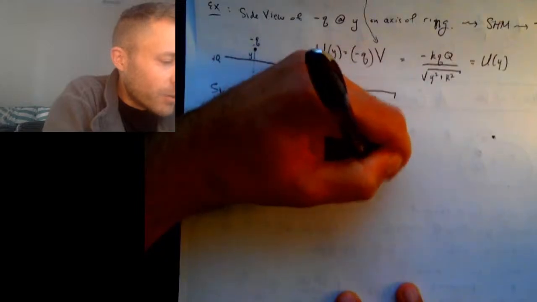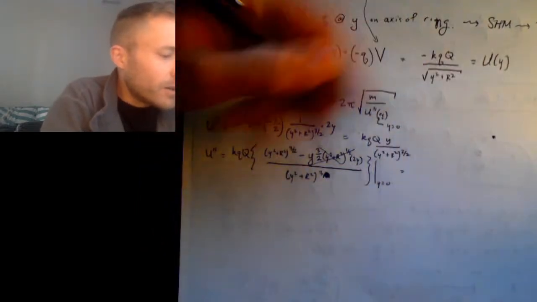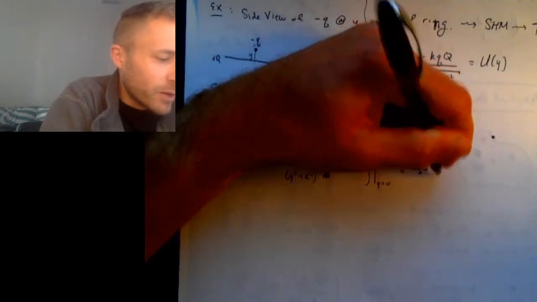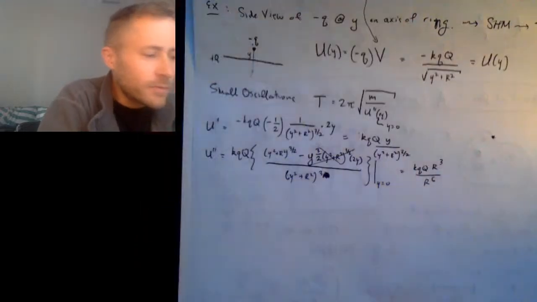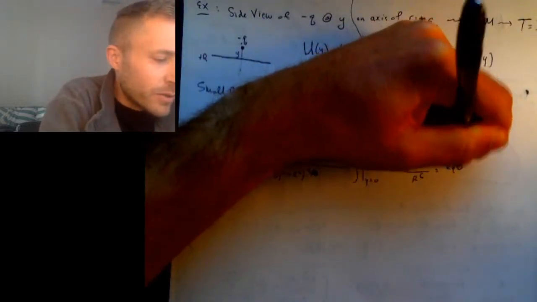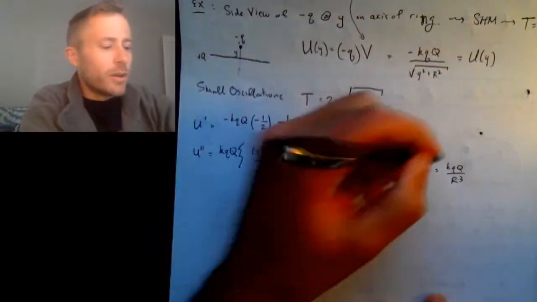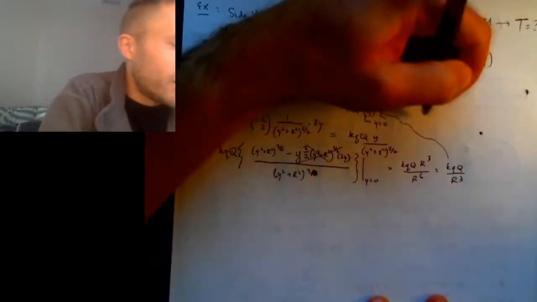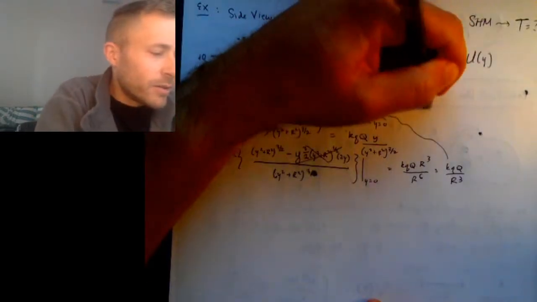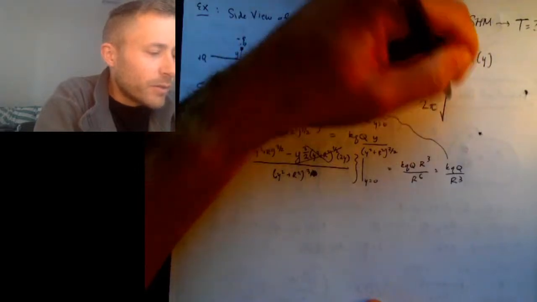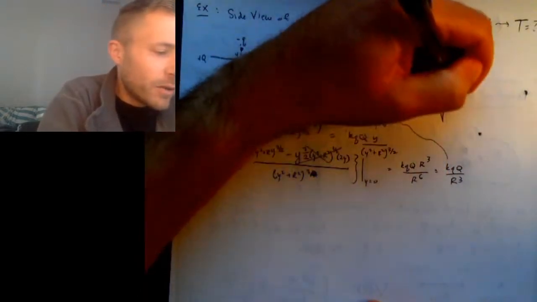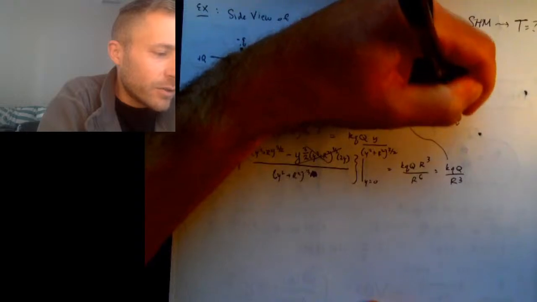So when I evaluated at y equals 0, I get k, little q, big Q, r to the 3rd divided by r to the 6th, which is just k, little q, big Q over r to the 3rd, which I then plug into this formula, and so that's u prime prime of the equilibrium. So I would get 2 pi square root of, and it's 1 over u prime prime, so I'm going to flip this fraction, m r cubed over k, little q, big Q.